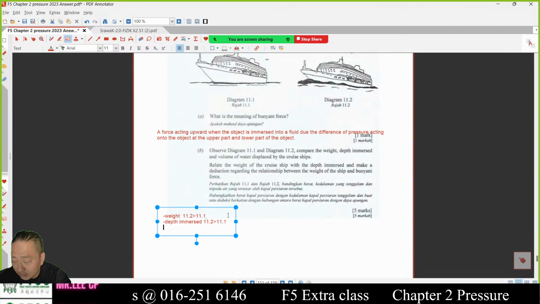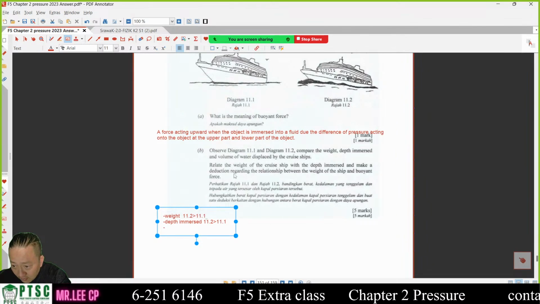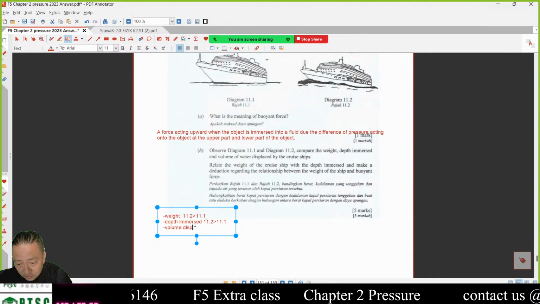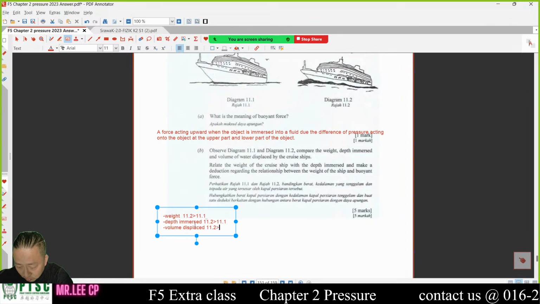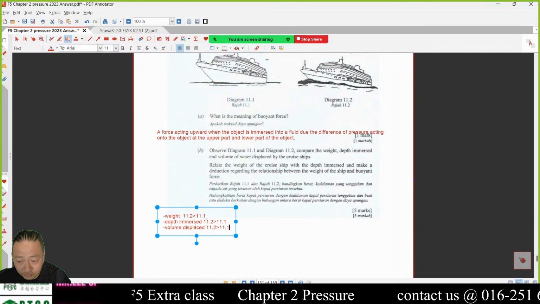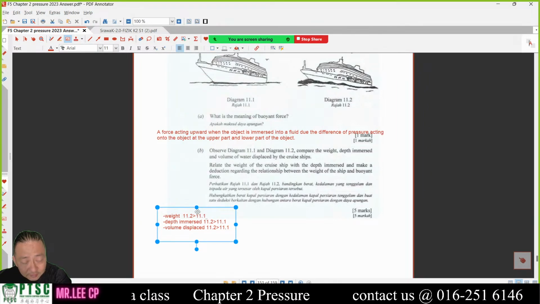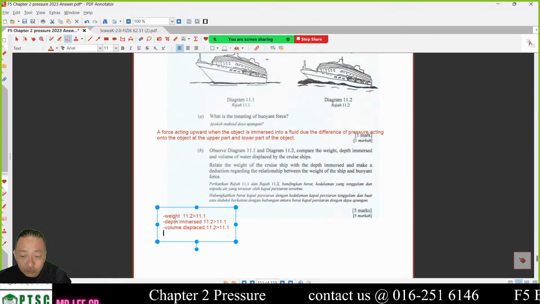Right? So next one, volume displaced. Volume displaced of 11.2 is more than 11.1. Alright? You can write vice versa, terbalik also can, no problem. Now, you should write in full sentence.